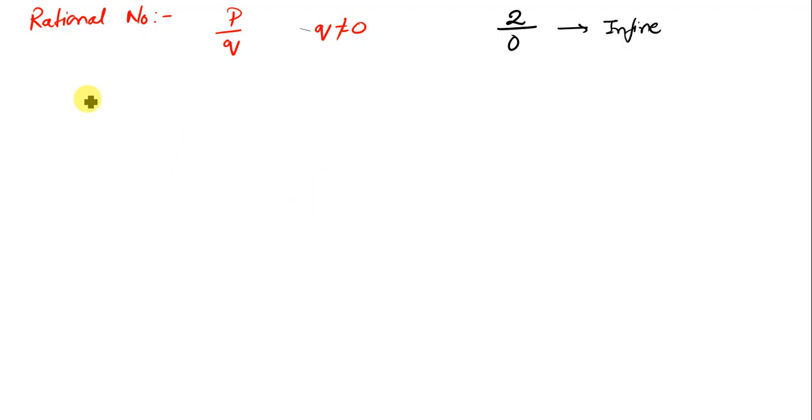Okay, let's talk about irrational numbers, because that is something we want to know. We can write numbers in the form of p by q, but when we convert this p by q into decimal form and divide, we get three kinds of answers.